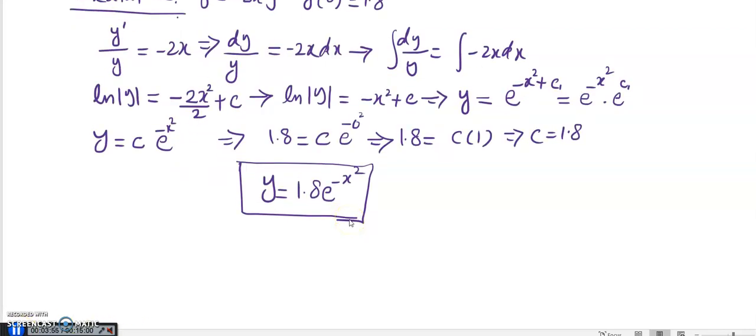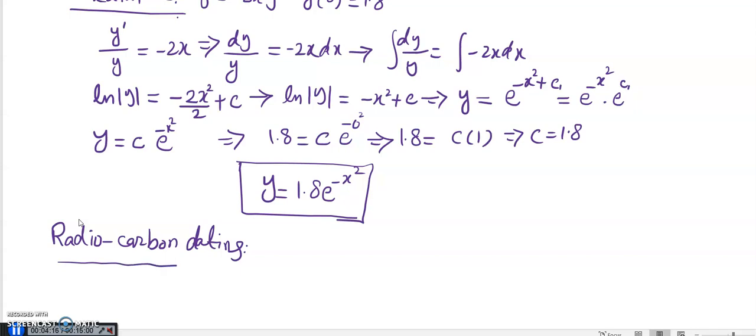As a modeling example, let's take the example of radiocarbon dating.